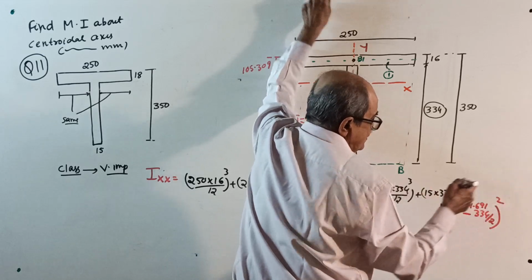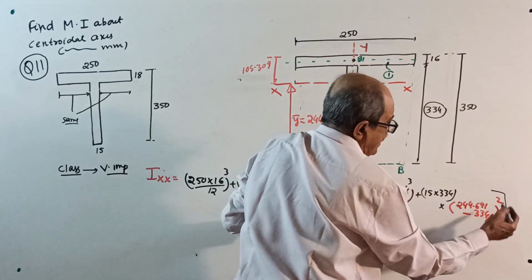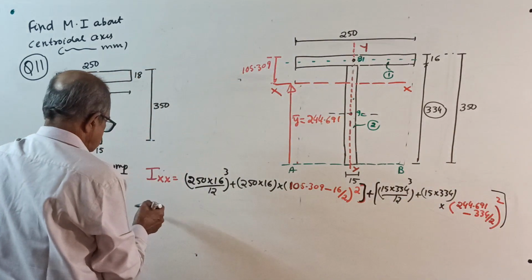Write horizontally, not this way. Okay, calculate, you get Ixx.